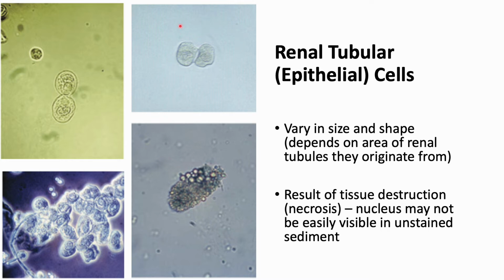And of course, there are the cuboidal cells, a type of renal tubular epithelial cell arising from the collecting ducts. So they are cuboidal, they are never round, and they have eccentrically placed nuclei with the presence of at least one straight edge. And these can be seen in groups or large sheets or the renal fragments. So here we see a renal fragment, or a fragment of renal tubular epithelial cells, under phase microscopy.